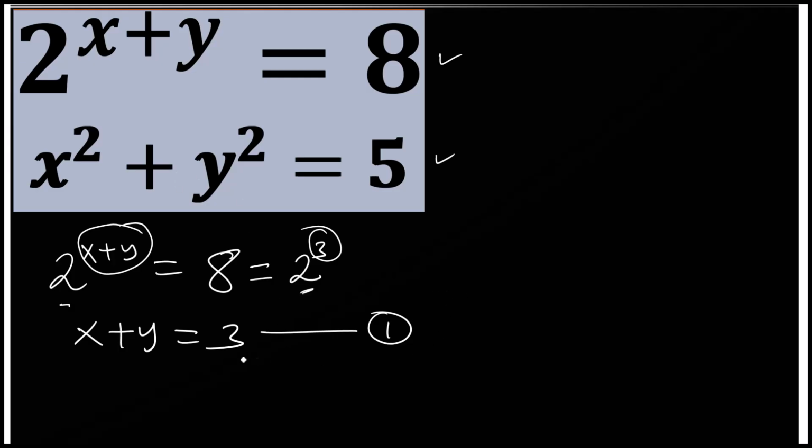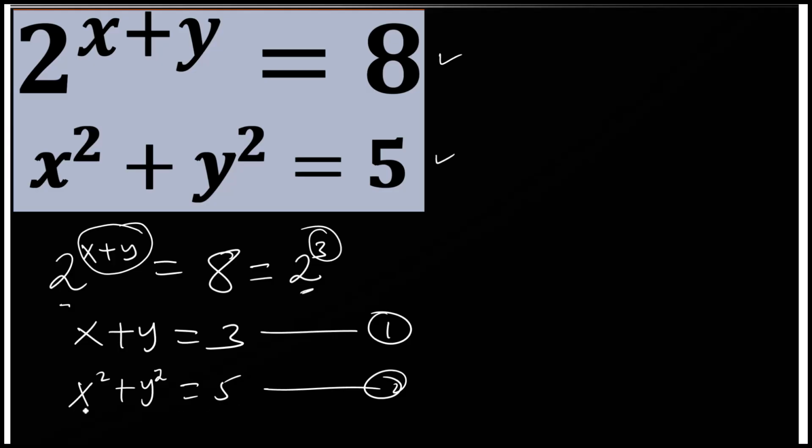So the next equation, x squared plus y squared equals 5, remains the same here. Okay, now how do we solve for x and y? That is a big question mark.